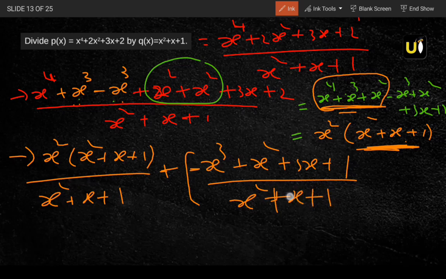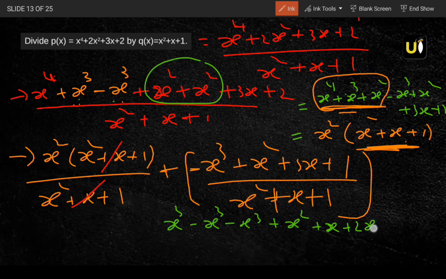Let me write it on a blank screen. x cube minus x cube minus x cube plus x square plus 3x. Okay, wait, let me write 3x as x plus 2x, plus 2. Am I right? It's 2, not 1.